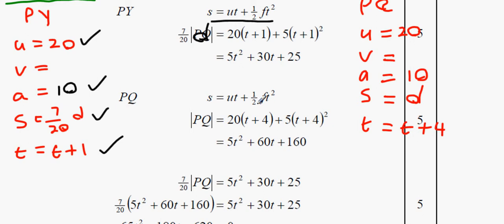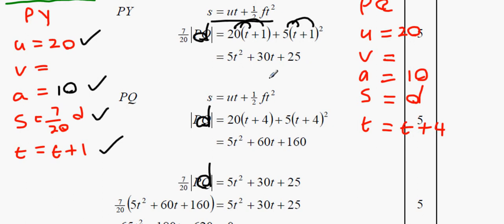So anywhere I see PQ, I'm just going to write down D, just to make it a bit easier. So what's going to happen here is we're going to write 20 into t plus 1 plus 5 into t plus 1 squared. You're going to multiply these out. t plus 1 squared, 20 multiplied by t multiplied by 1.